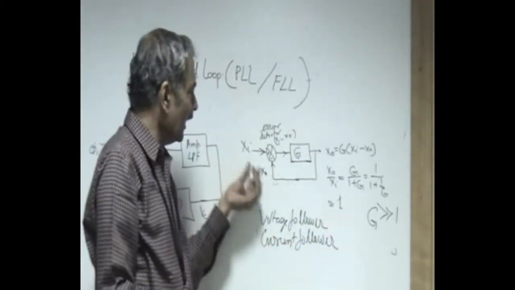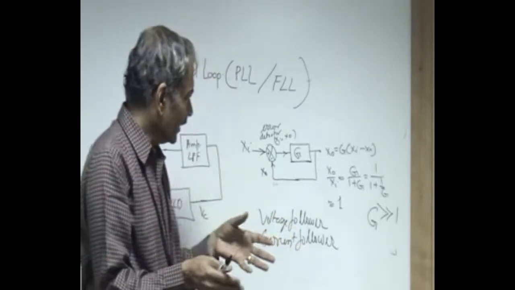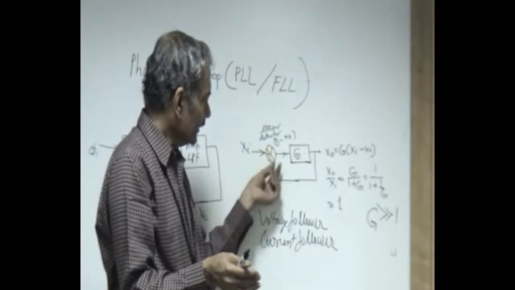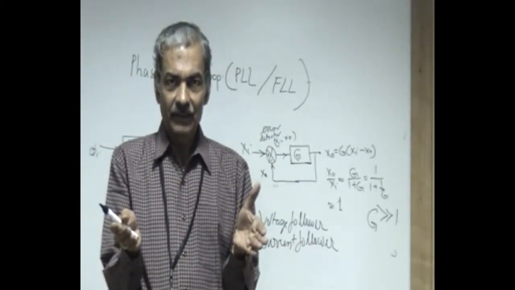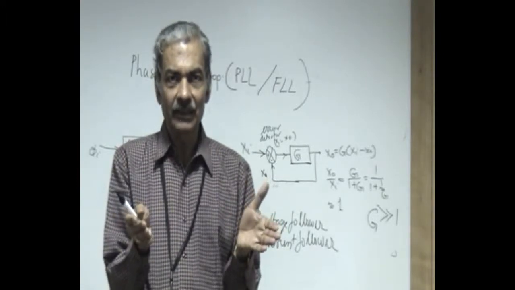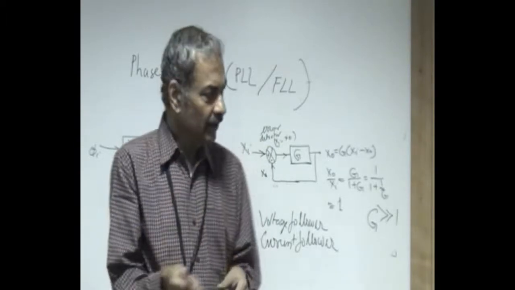If on the other hand phi I and phi naught are the phases of sinusoidal signals, then this error detector is nothing but a phase detector, which is a multiplier. That also we have seen in the last class, how a multiplier can be used as a phase detector.